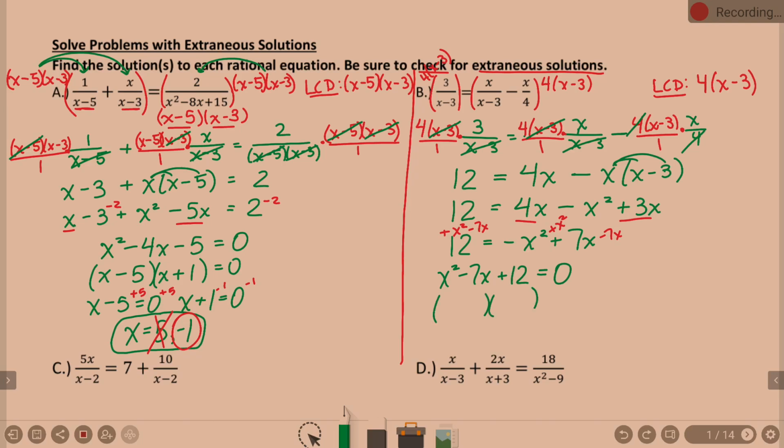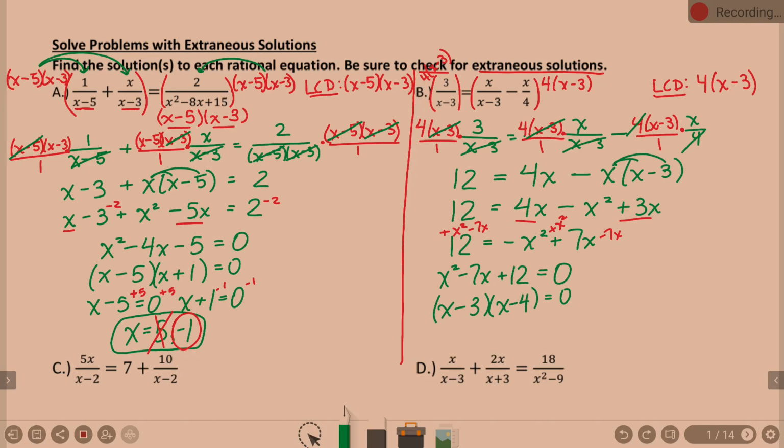2 parentheses. X squared is x times x. What multiplies to be 12 and adds to be negative 7? Three times 4. If it multiplies to be a positive, both positives, or in this case, both negatives. Okay.